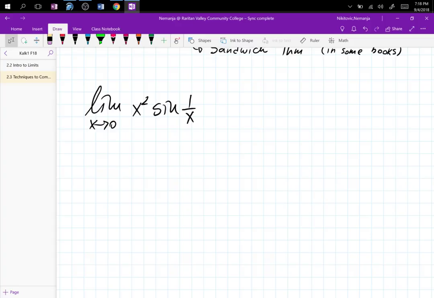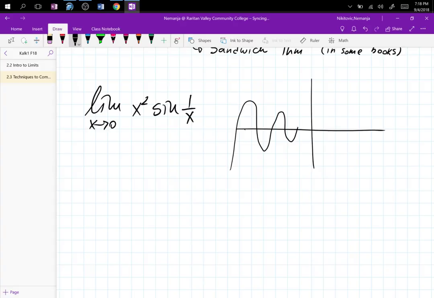What you have is a sine function, and now you're looking here and you're going, is it 0?